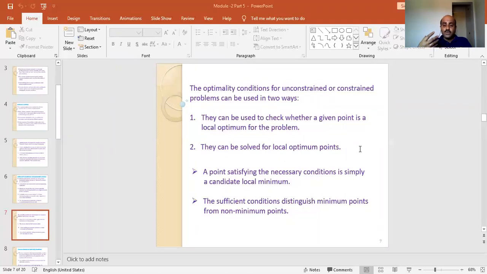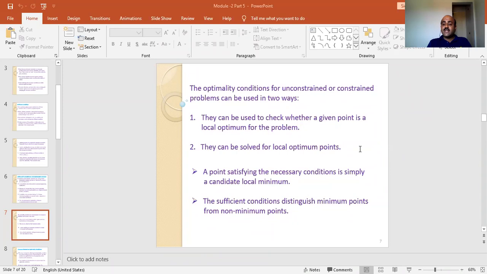So we can make use of these conditions in two different ways. One is to check whether the given point is a local optimum for the problem, and the other is to solve them for local optimum points.